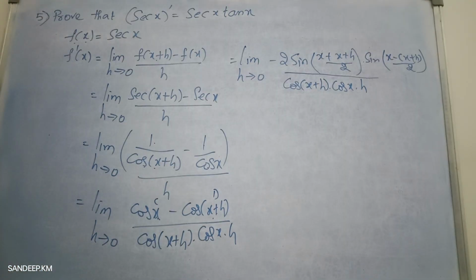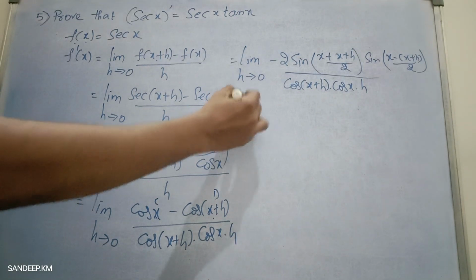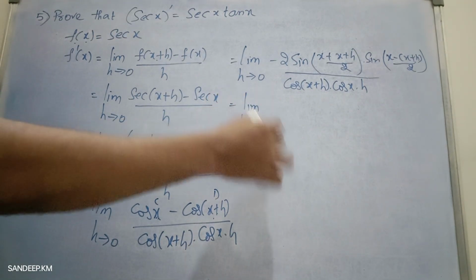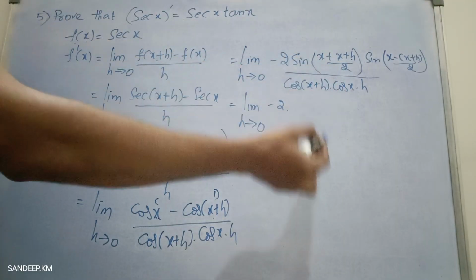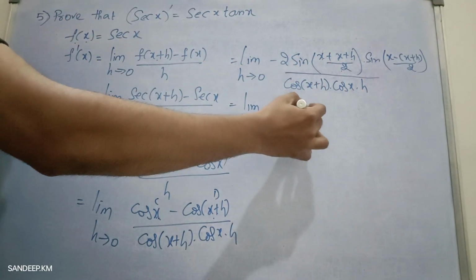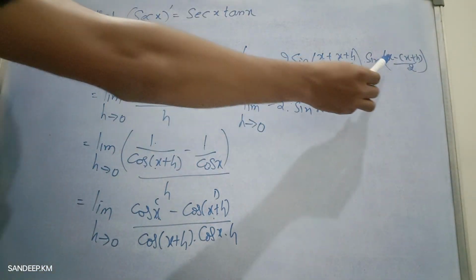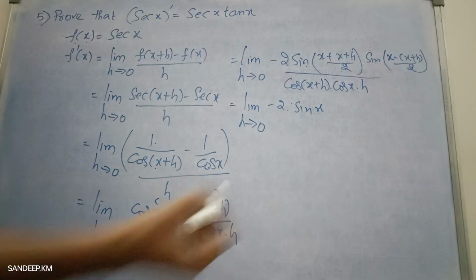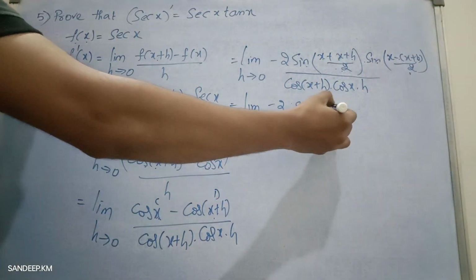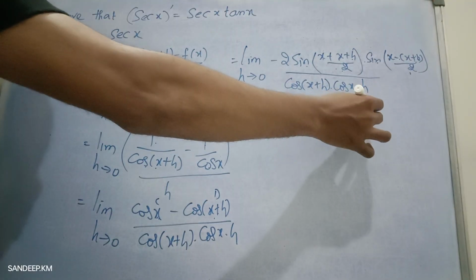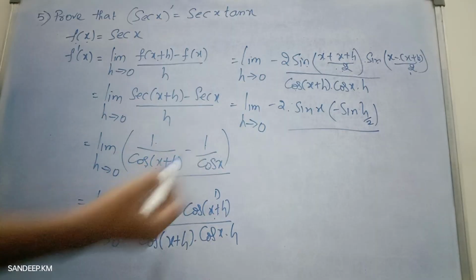Next, already we have done this model in proving cos x derivative. So what happens? Limit h approaches 0, minus 2 into, here if you substitute h as 0, x plus x is 2x, 2x by 2 is x, so we get sin of x. I have taken h as 0, okay? And there plus x and minus x gets cancelled, we get sin of minus h by 2, and minus will come outside, so into minus sin h by 2, whole divided by, in denominator we can substitute h as 0, no problem.